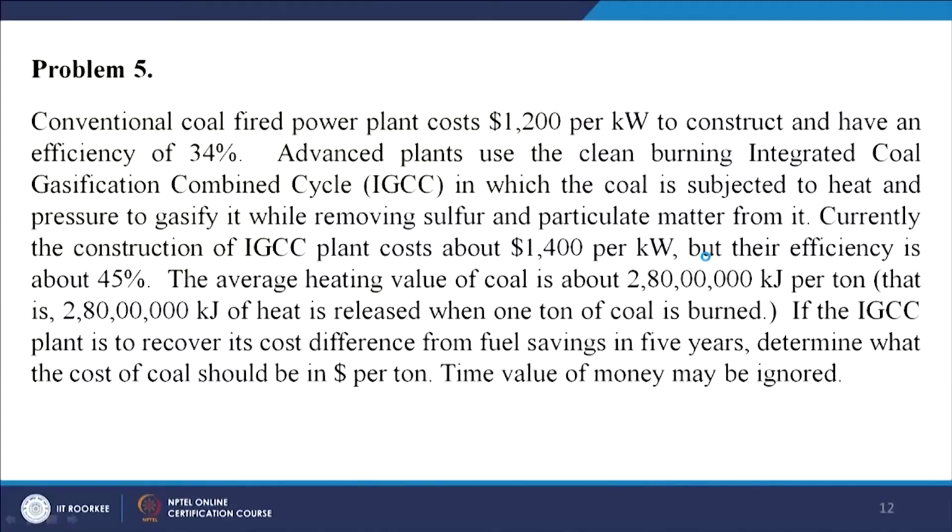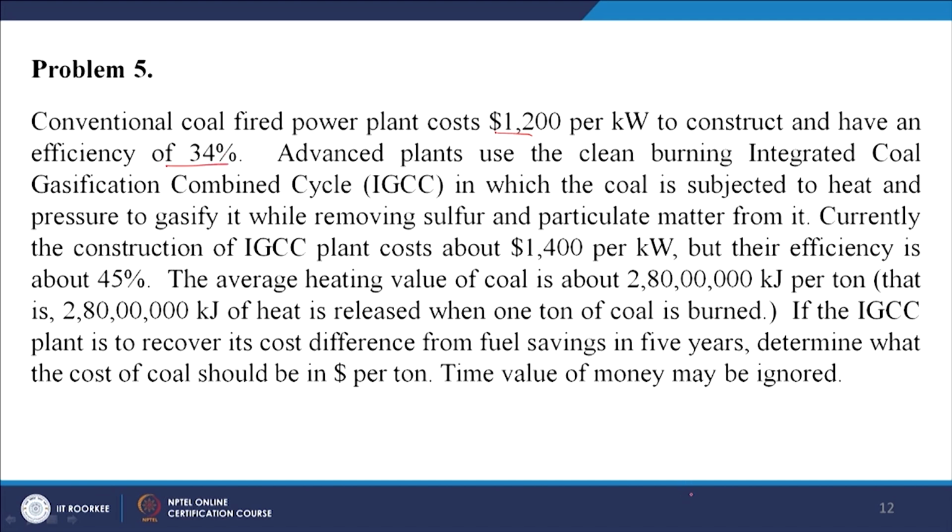Now, the problem statement number 5. So, here we have to solve this problem. It is given that a conventional coal fired power plant costs $1200 per kilowatt to construct and has an efficiency of 34%.